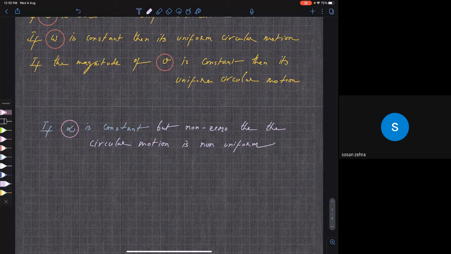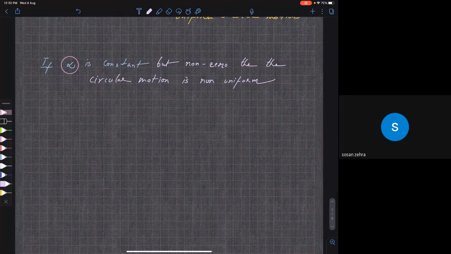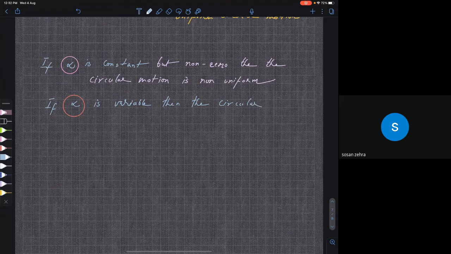If alpha is variable, then the circular motion is again non-uniform only.